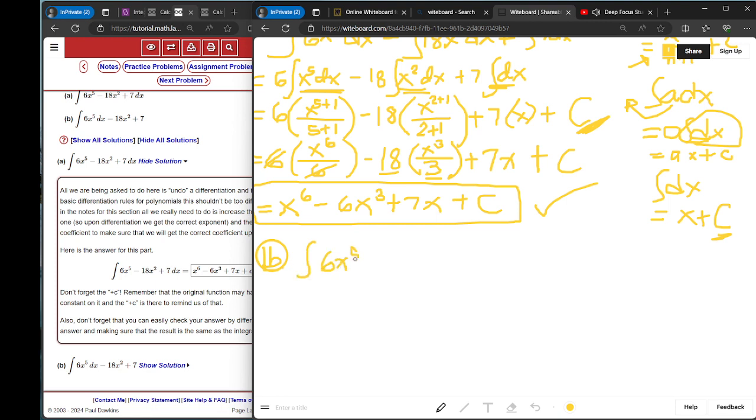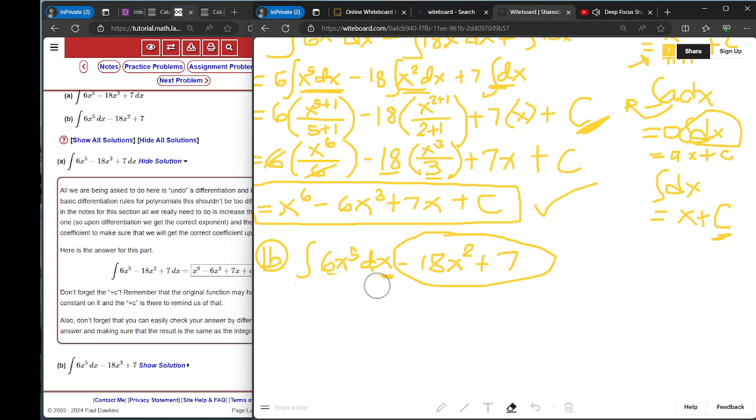6x to the 5th dx minus 18x squared plus 7. If you noticed, the dx is placed here, which means this portion here, we don't need to integrate. So only this one will be integrated.